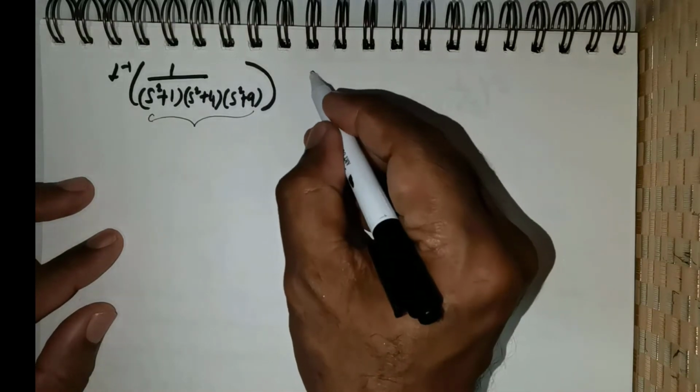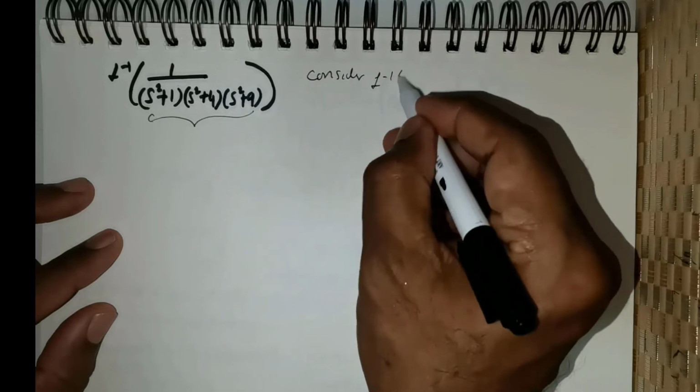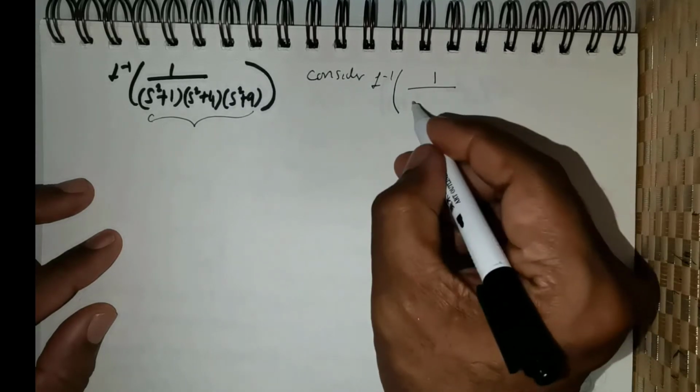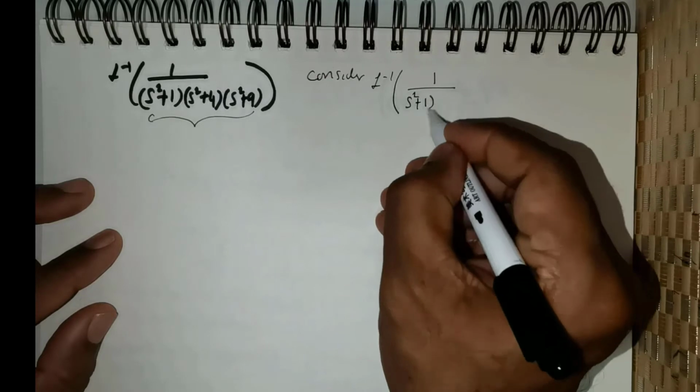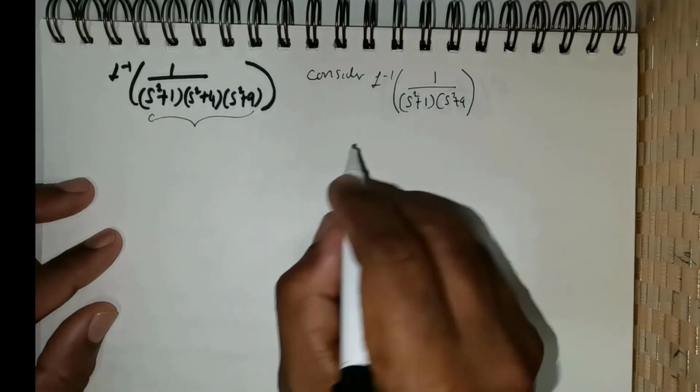Now what I would do is, foremost, I would like to consider the Laplace inverse of 1 over s squared positive 1 times s squared positive 9.